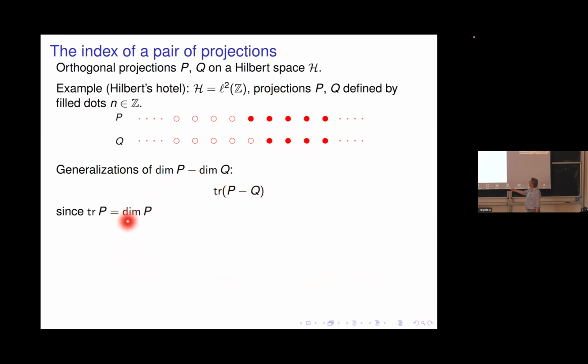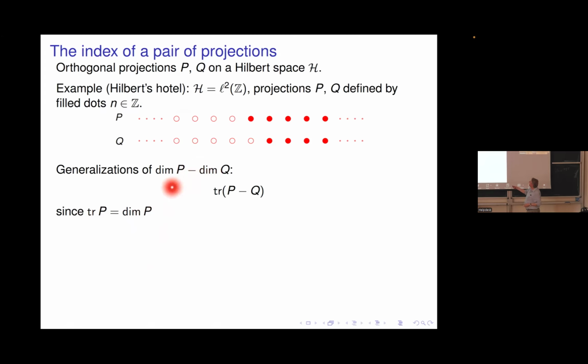Now notice that for a finite dimensional projection, dimension is the same as the trace, because you write that down in a basis in which the first dimension-of-P basis vectors are inside P and the remaining ones are outside. So when computing the trace, you just count as many ones as the dimension.